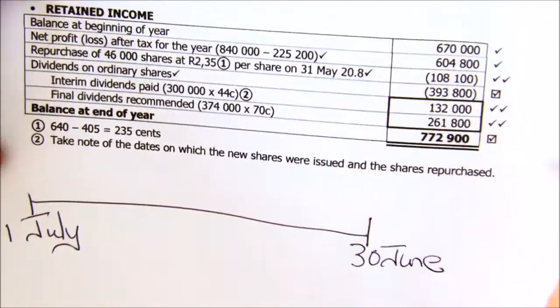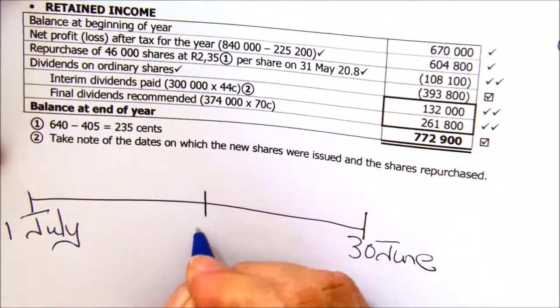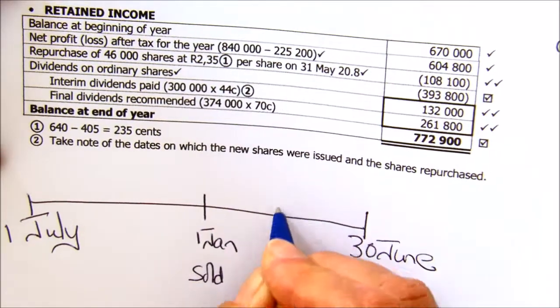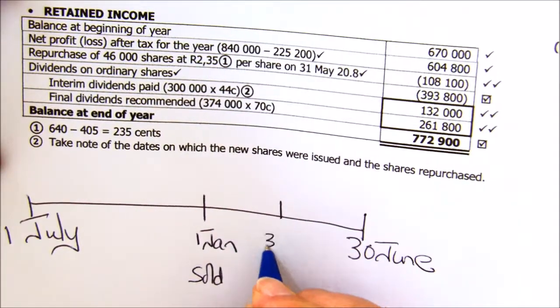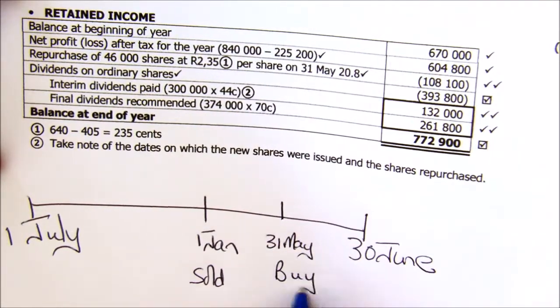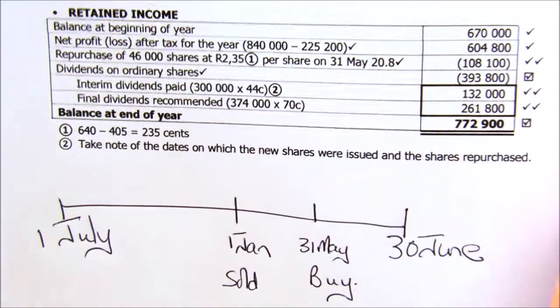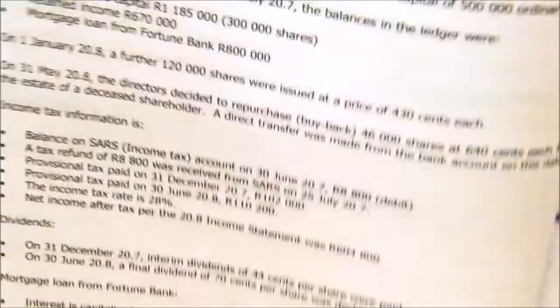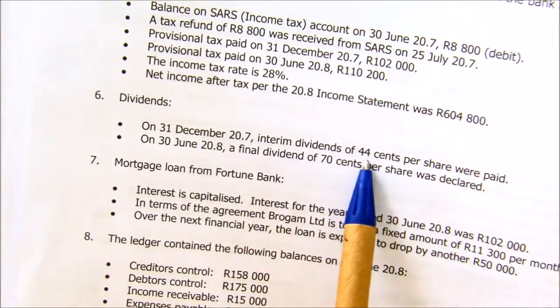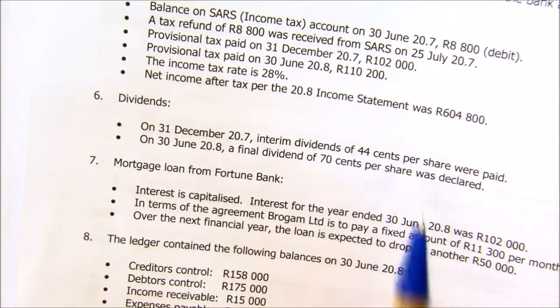Your extra shares were issued on the 1st of January. That's when you sold some shares. And on the 31st of May, you bought back those shares. Now, the interim dividend, they said to you here in point 6, on the 31st of December, an interim dividend was 44 cents.